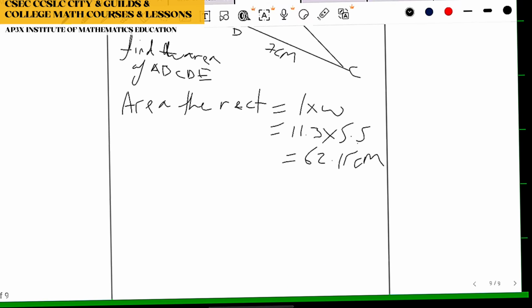Heron's formula, sir. That is correct. All right, so Heron's formula has two parts. We need to find what is known as the S value. And I believe that the S value is what is called the semi-perimeter. So that is A plus B plus C all divided by 2.